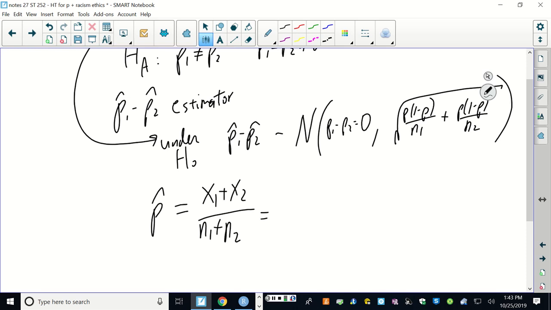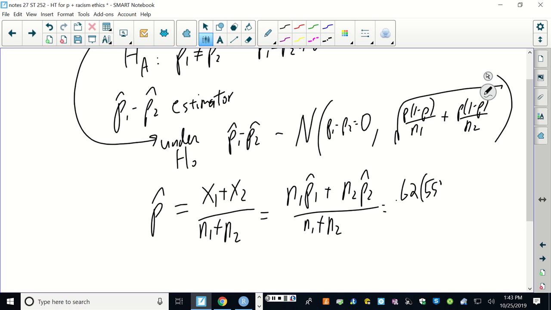Another way to write that same thing is N1 times P1 hat plus N2 times P2 hat over N1 plus N2. And that's 0.62, there's 552 in this survey, plus 0.68 and 577 in this survey, and there's 552 plus 577 in that survey. And so it comes out to be about 0.65.